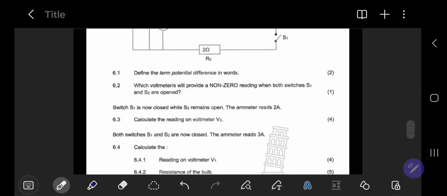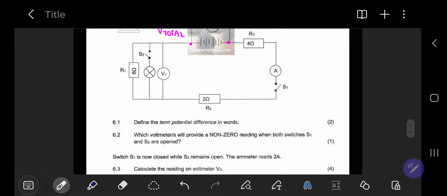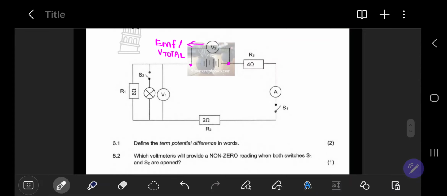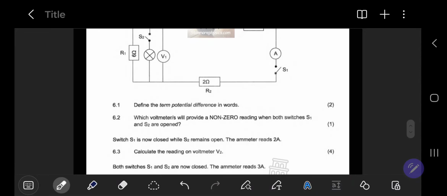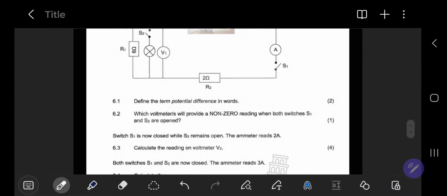Now it says, actually not both, it says switch S1 is now closed. So I'm just going to adjust my diagram so that it matches what they say. The switch is now closed. So switch S1 is closed while S2 remains open.